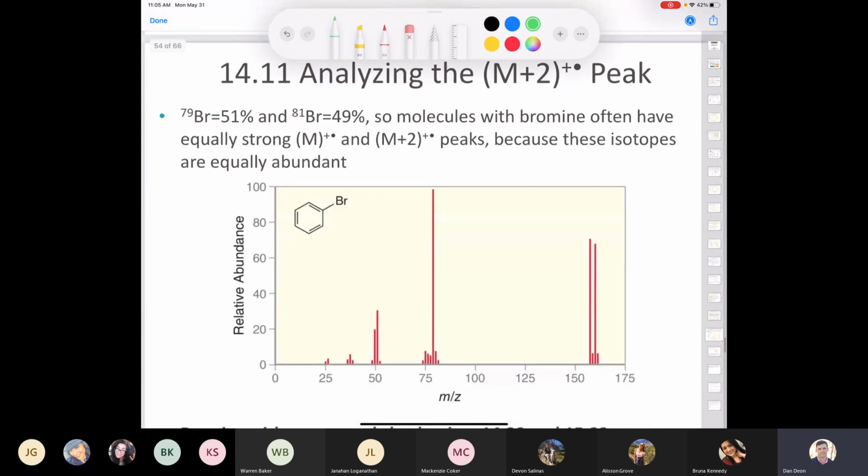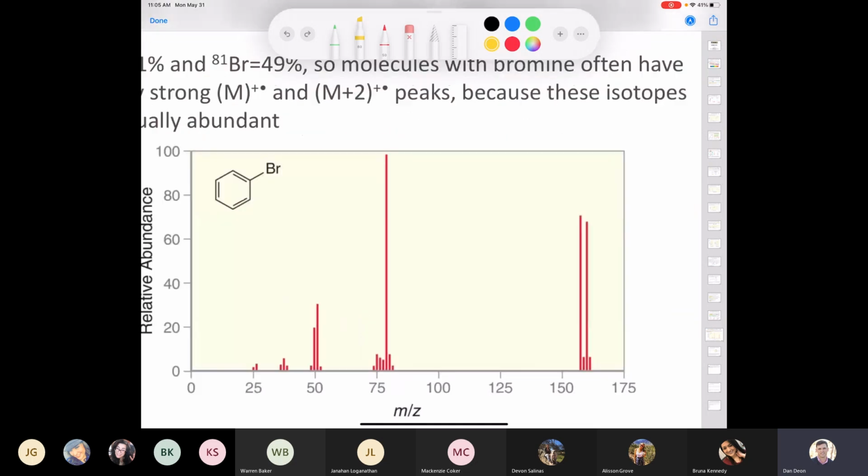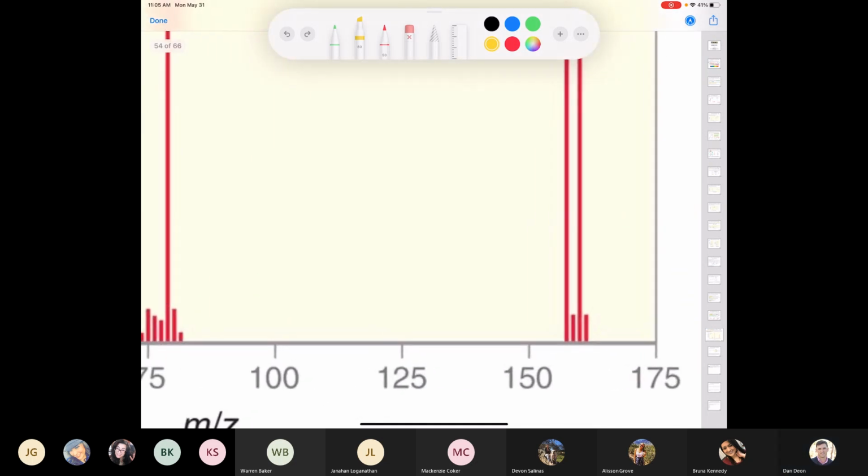Same thing with bromine. The difference is the relative abundance of the two isotopes. Bromine 79 and bromine 81 are what? It's almost 50-50. It's pretty much 1-to-1, 51-49, close enough. So what does that tell you? If you look at the mass spectrum of bromobenzene, you can see that you have your molecular ion, and if you go up 1, 2, this is your M+2 ion.